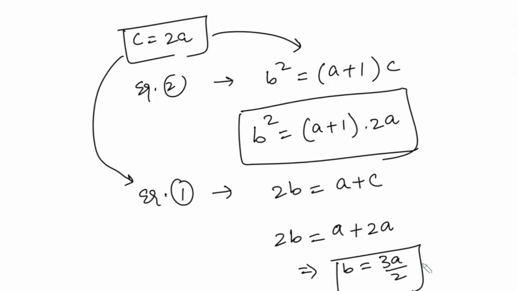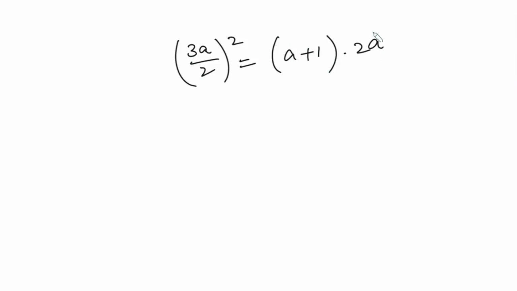Now let's use this value of B equals 3A over 2 in this equation here. And that will give you 3A over 2 whole square is equal to A plus 1 times 2A. And this gives us 9A square over 4 is equal to A plus 1 times 2A.